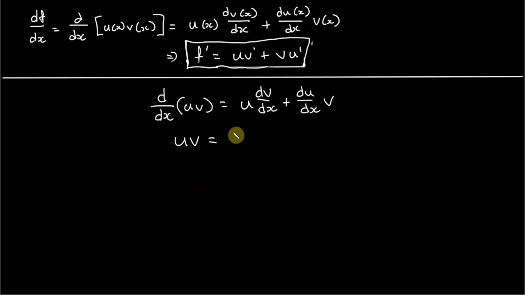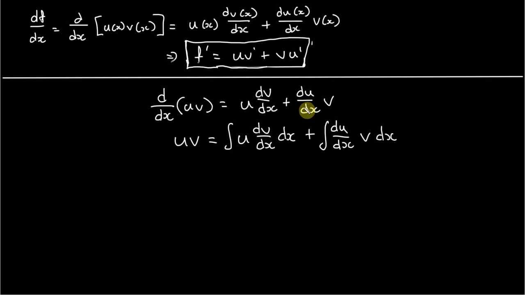And now we're integrating u times dv by dx, with respect to x. Then we're adding the integral of du by dx times v, and of course we're integrating with respect to x.